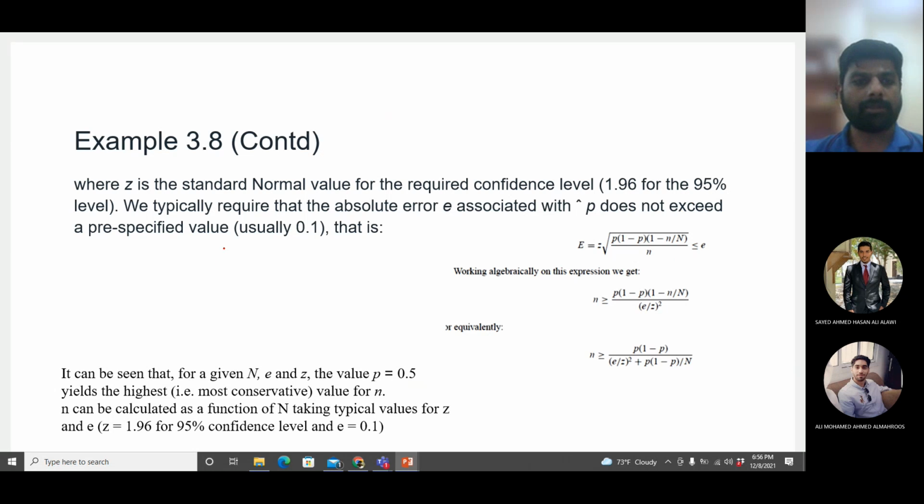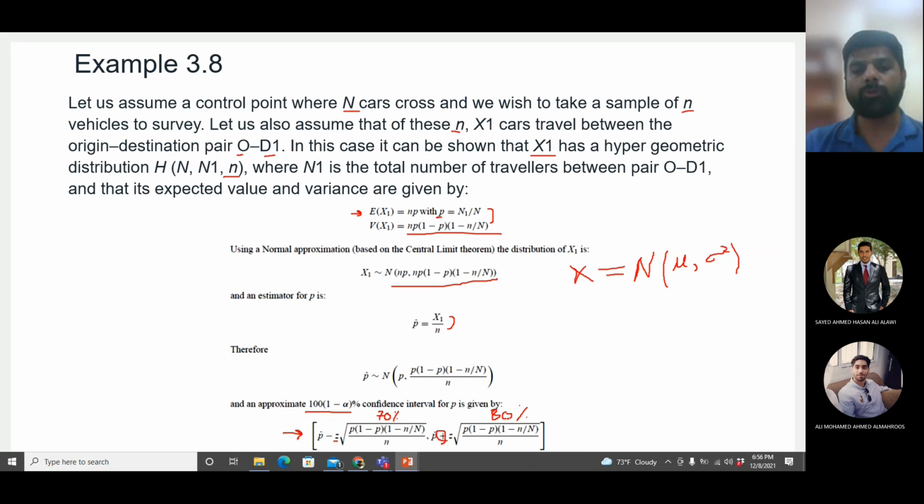And E is basically the Z into standard deviation, the thing which you are adding and subtracting, which we call the error.